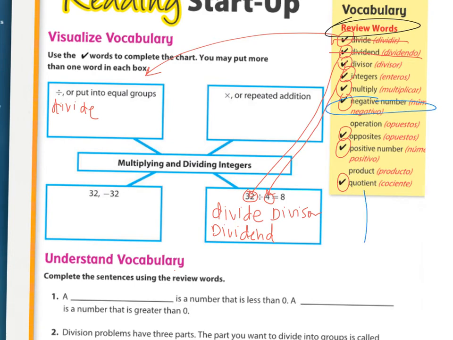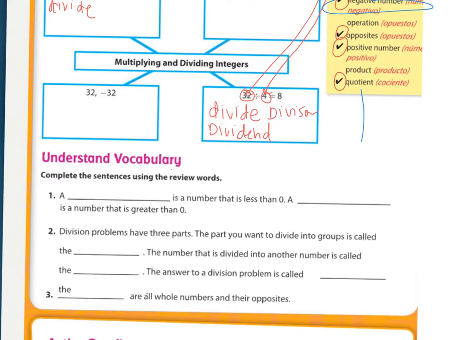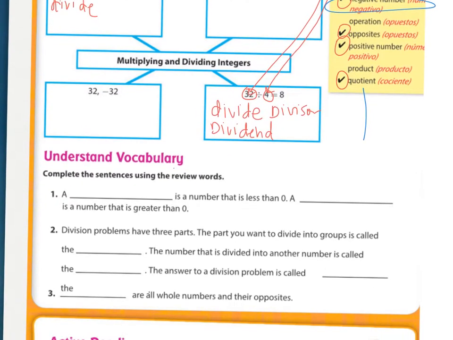Negative number. So a negative number is a number that is less than 0. A blank is a number that is greater than 0. So that's going to be this one right here. A positive number.